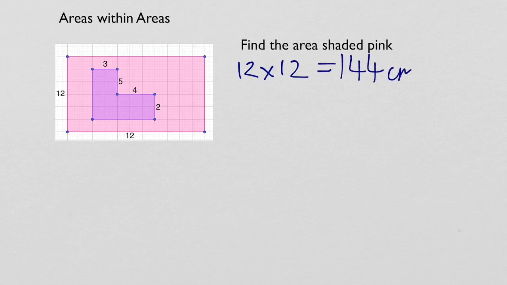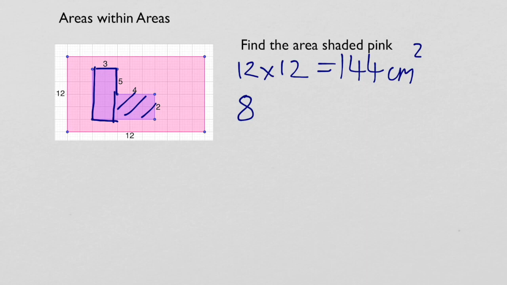Okay, so now for the compound shape. The best way to solve these is to break it down into two rectangles. I'm going to make a line down the middle there. So the first one is this, 4 times 2 is 8. And we have the second rectangle, excuse my drawing. The key thing here is that opposite sides in a rectangle are the same length.